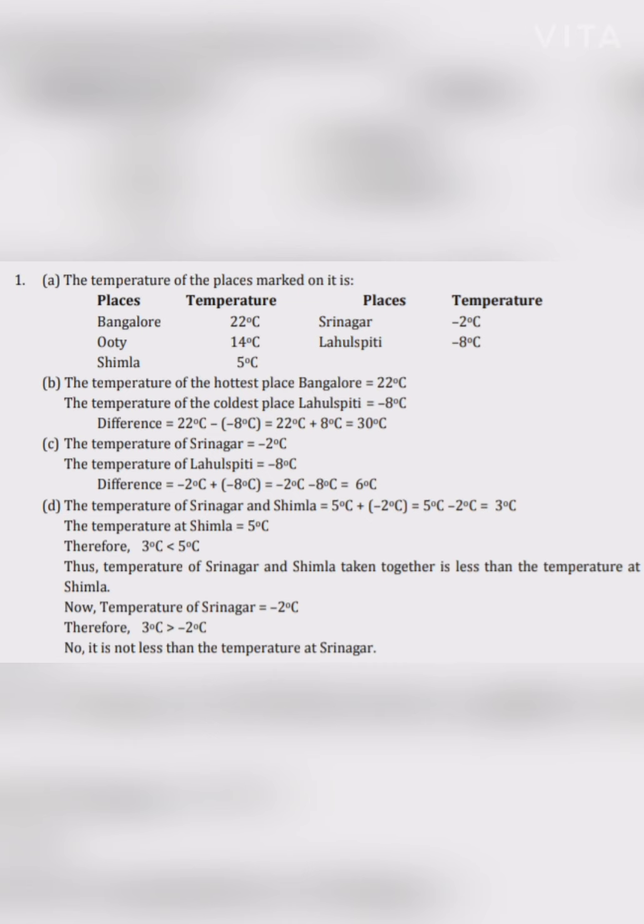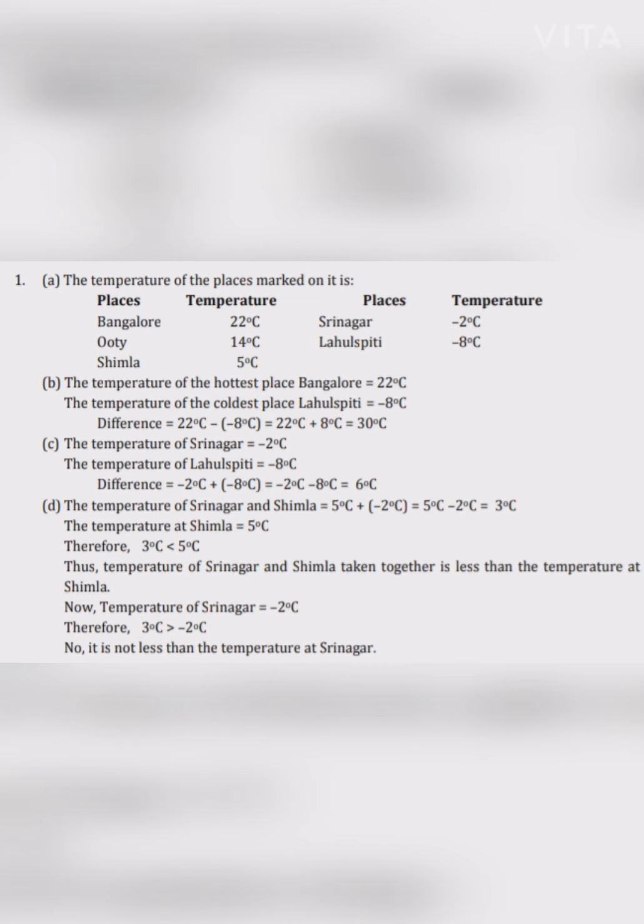Now the second question is: what is the temperature difference between the hottest and the coldest place among the above? It means you have to find the hottest place and the coldest place, and with that we have to find the difference of the places.